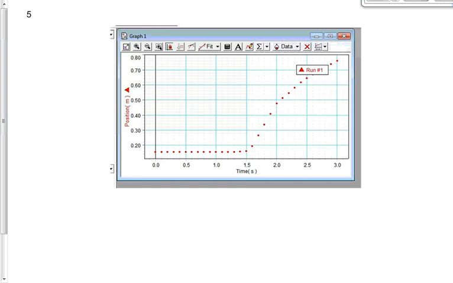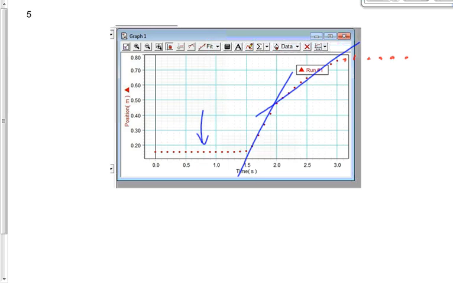Now, sometimes you might even see some points that kind of go beyond like this. The part of the graph that I'm concerned about is this part and this part. This part corresponds to before the cart actually started moving.